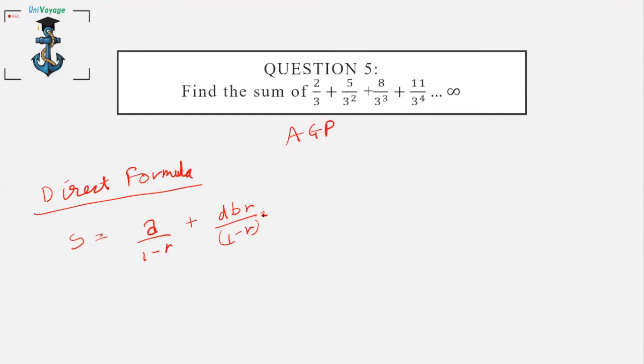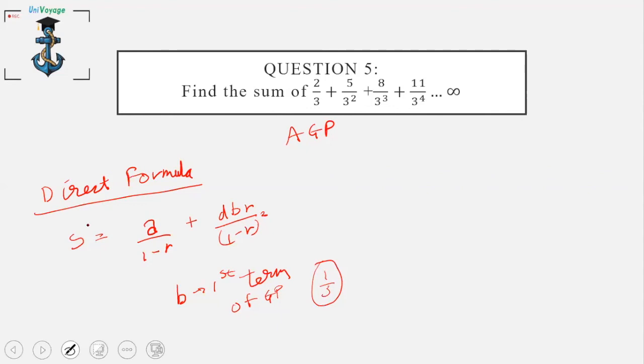D is the common difference, R is the common ratio, and B here is the first term of GP. So here the first term of the GP would be 1 by 3, not 2 by 3. Here A is the first term as a whole. The B would be the first term of the GP, not considering the numerator here. So the first term of the GP would be 1 by 3, right?